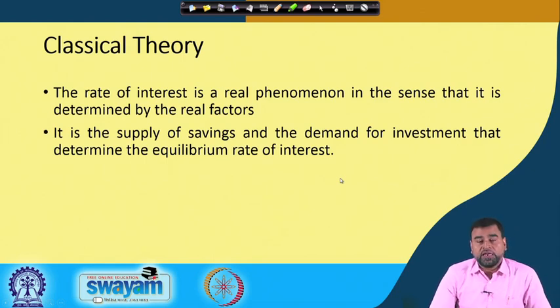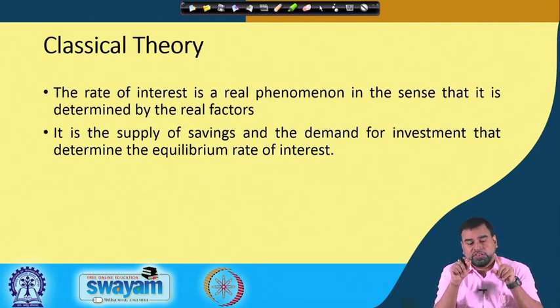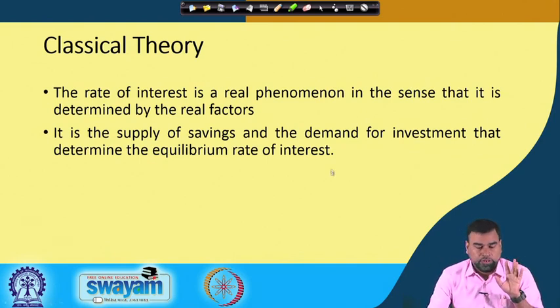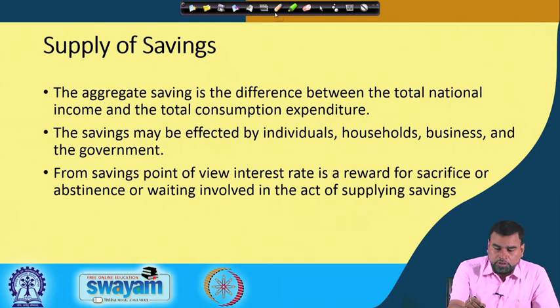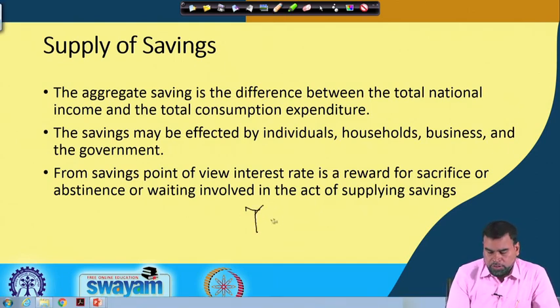So, already we are clear, the interaction between the supply of savings and the demand for investment determines the equilibrium as per the classical theory. Then, where will the supply of savings come from? Saving is the difference between the national income and total consumption expenditure. You already know that total income is equal to total consumption plus savings.